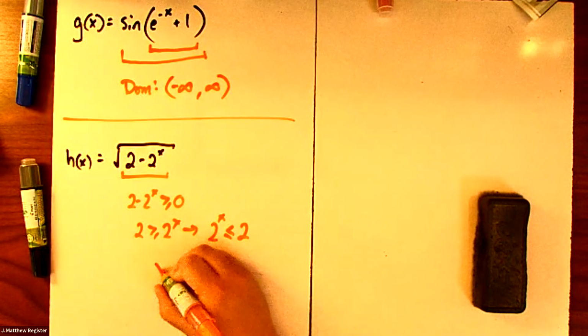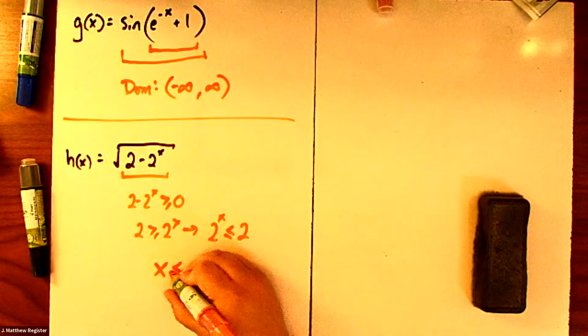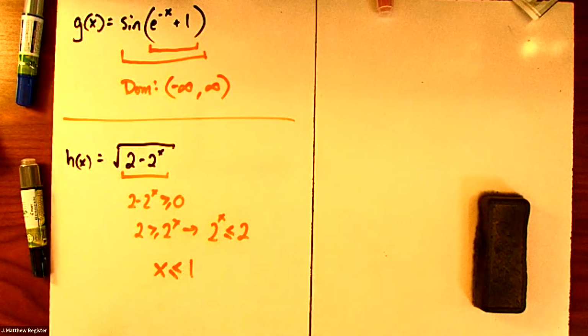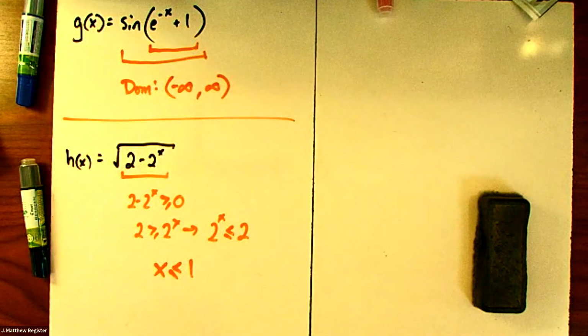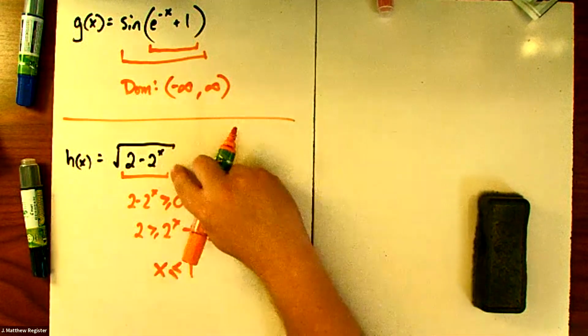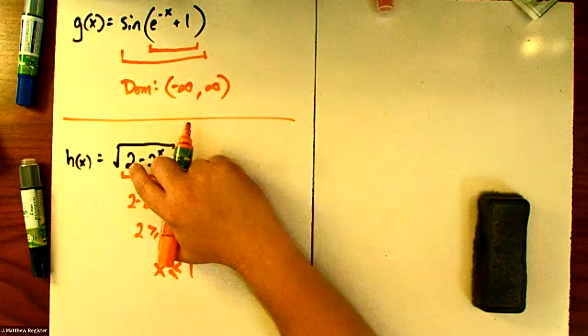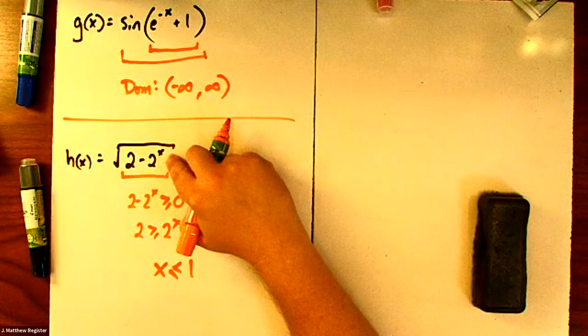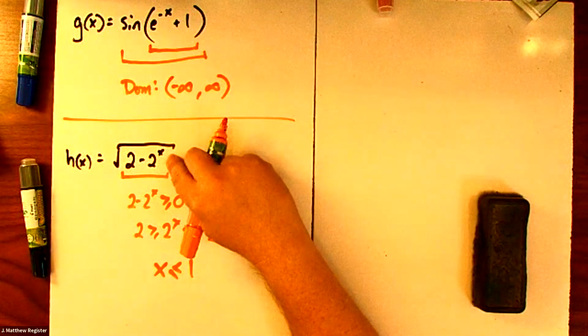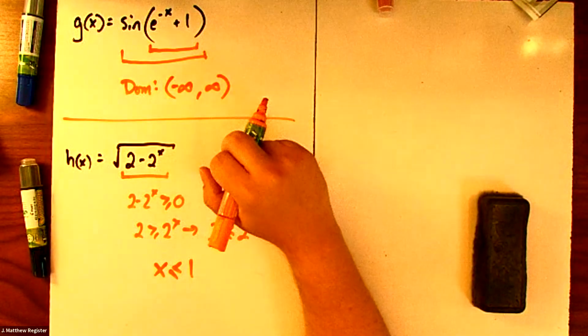So that tells us that x has to be less than or equal to 1. And sure enough, you could try some numbers. If you wanted to plug some numbers in here, if you said x is equal to 0, we're going to get 2 minus 2 to the 0, which is 1. So that gives you square root of 1, no problem.